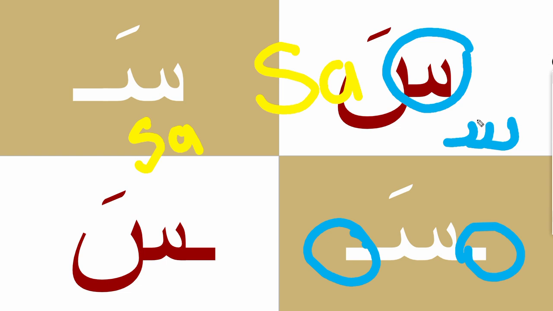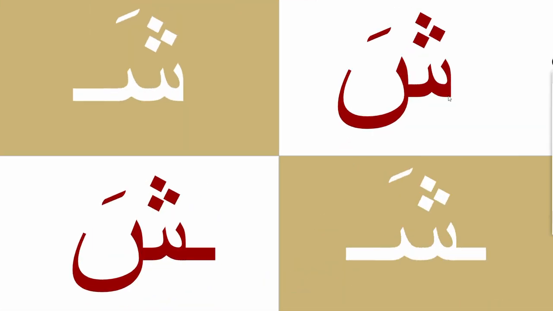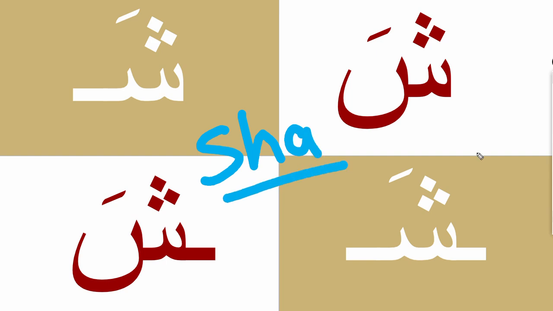Tell me what you call them in the comments if you want to. And let's see. Sh, with fatha, sha. Like this. Sha, sha. And you can also connect it to left and right.